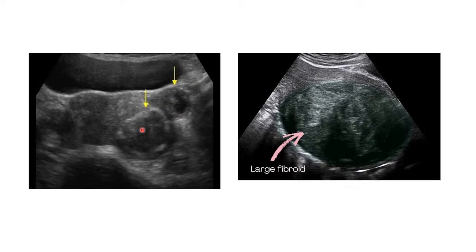So mostly after uterine embolization, you can have fibroids which start to die like this, or if they fail to have enough blood supply, they will start to die, and then you can see them calcifying. So here you can see there's a very large fibroid, a very huge fibroid.